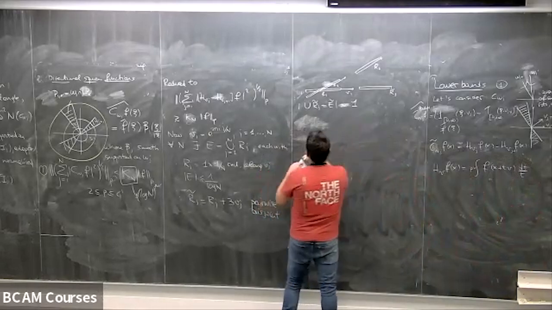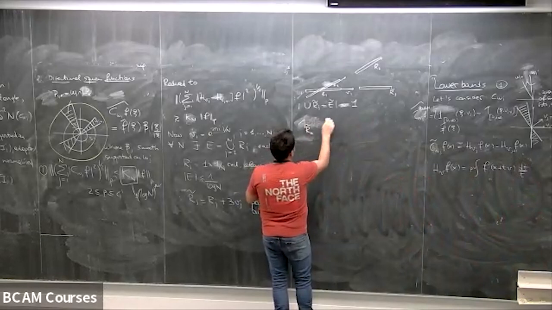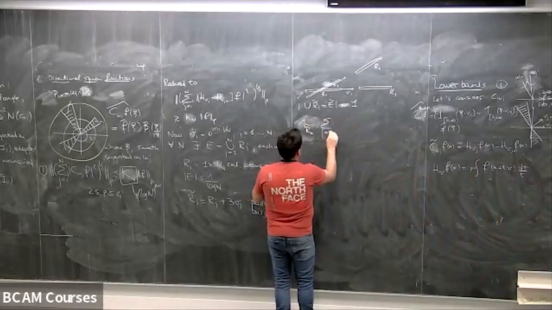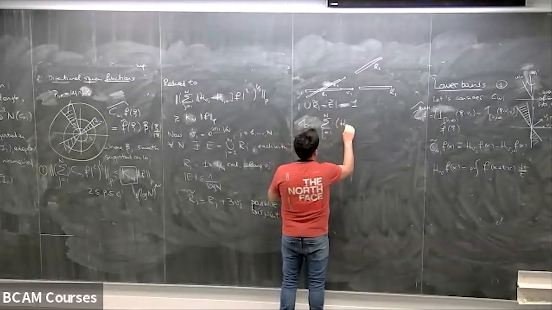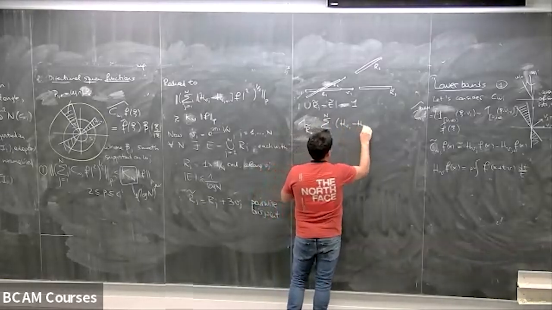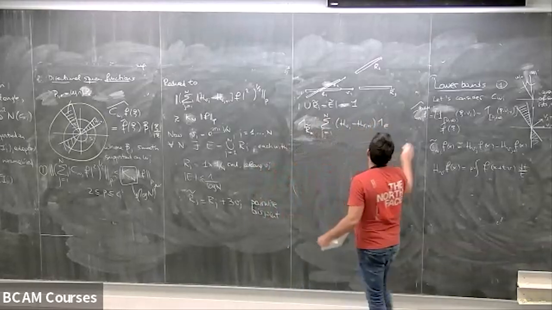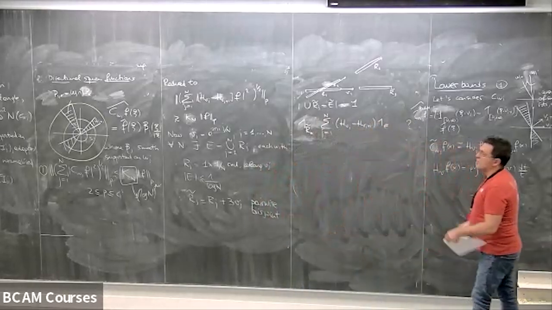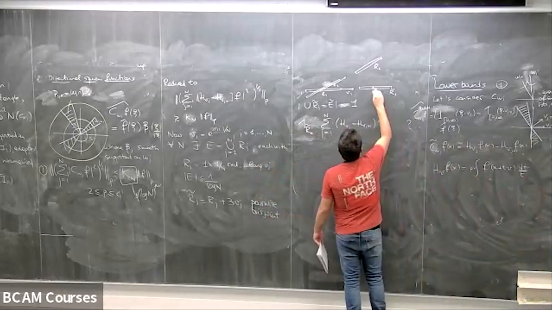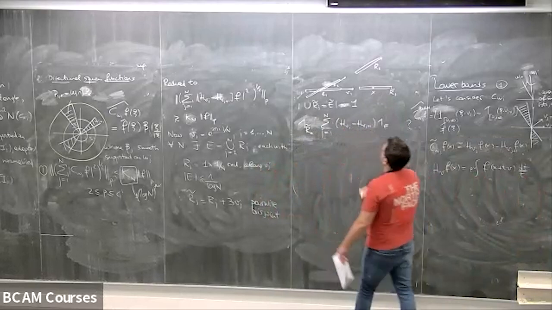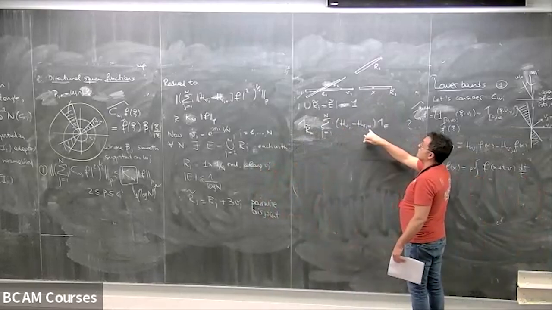I fix K, and I'm going to compute this sum on R_K tilde, applied to 1_E. What happens is you are at a point in this rectangle. What do you see when you apply HVJ minus HVJ plus 1?